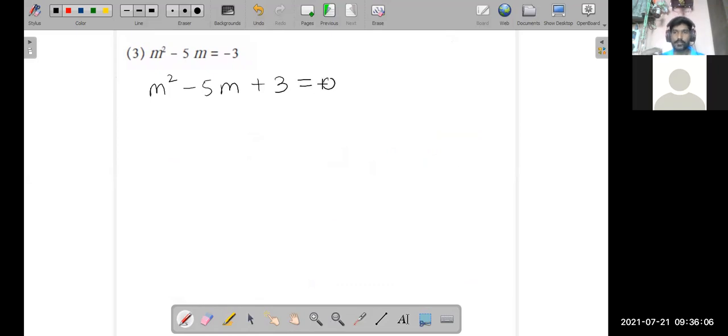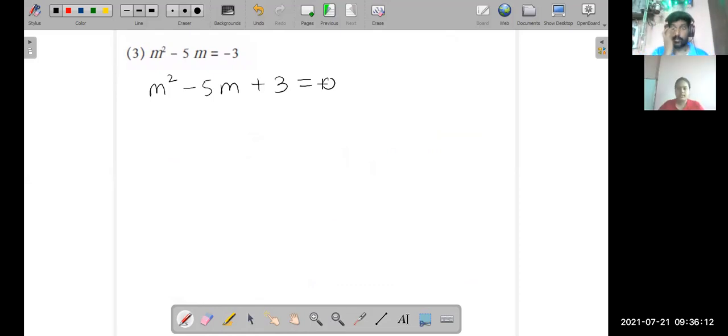Can you do this? Yes, but then it will become 5 upon 2. That's okay. Only in simplification, you'll have to work. You start at least. Where you stop, you tell me. I'll tell you then what to do next.